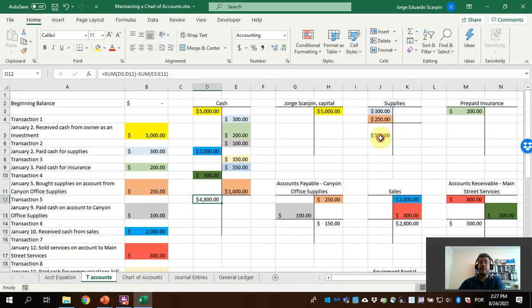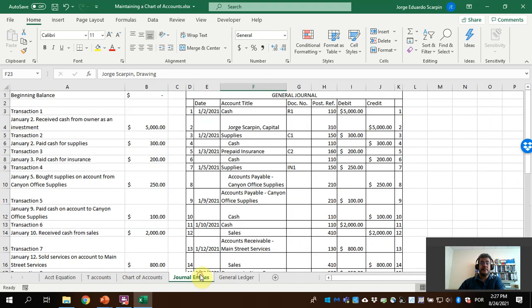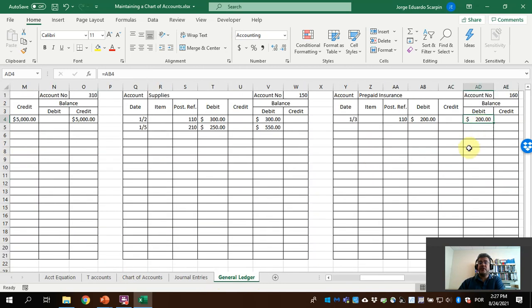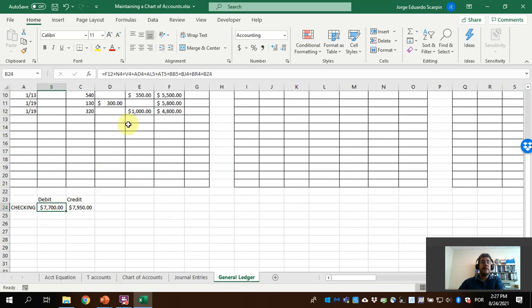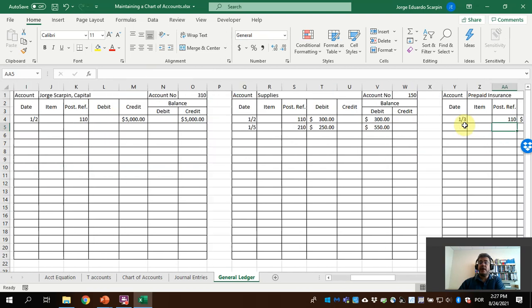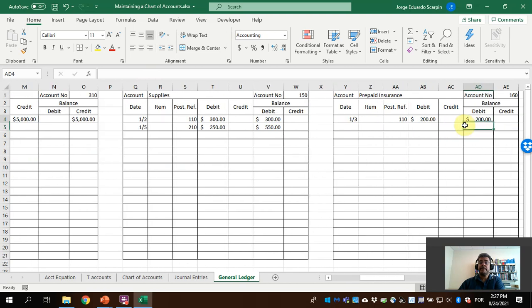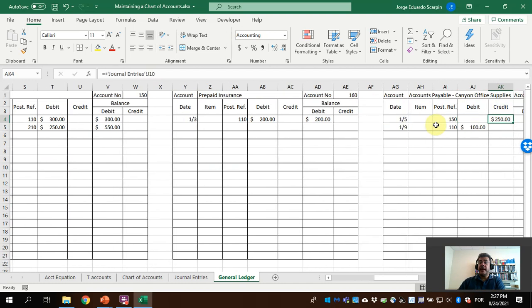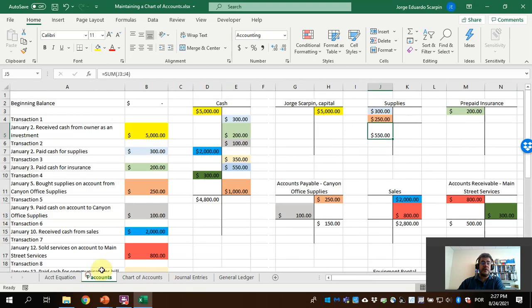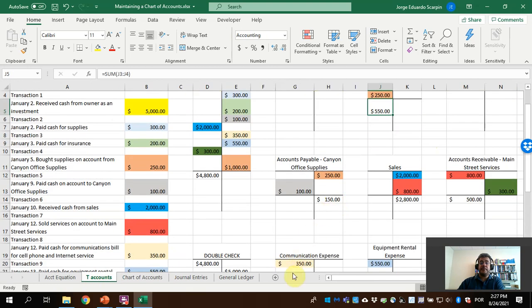Where's our supplies? 550, we are good. Prepaid insurance 200. Let's see if we sum it. AD 4. I think we sum it. 84. Very good. Accounts payable 150. Where are you? Accounts payable 150. We are good.